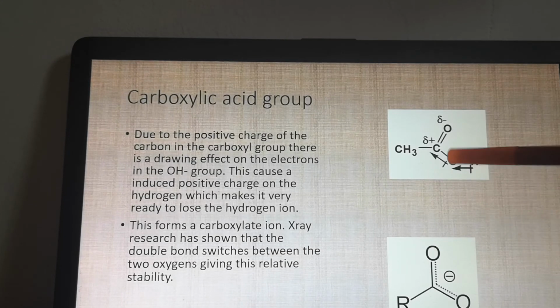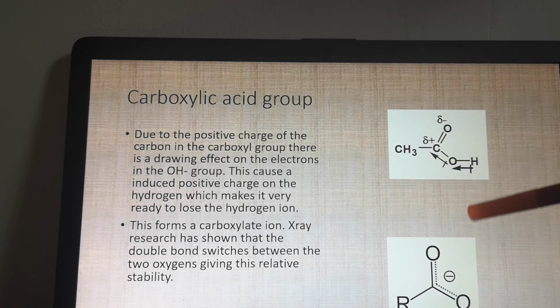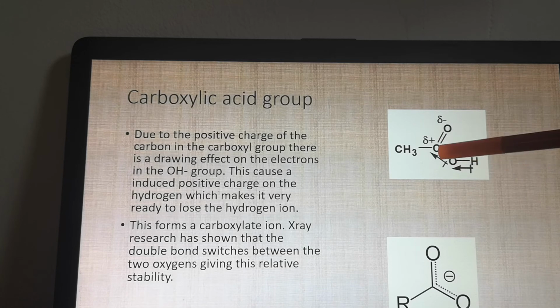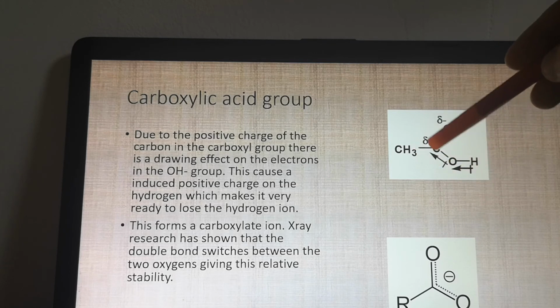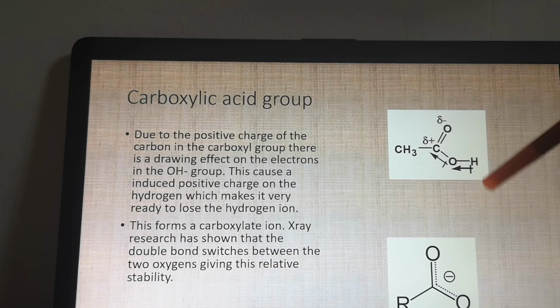Now the carboxylate ion, this is where you've got your carboxylic functional group here, which is made up of your OH and this C double bond O. Because this carbon here has got a slightly positive charge on it, it causes the electron which is loose in this OH group here to shift towards the carbon slightly, giving a temporary dipole between the oxygen and the hydrogen, which is why the carboxylic acid group really wants to get rid of that proton.